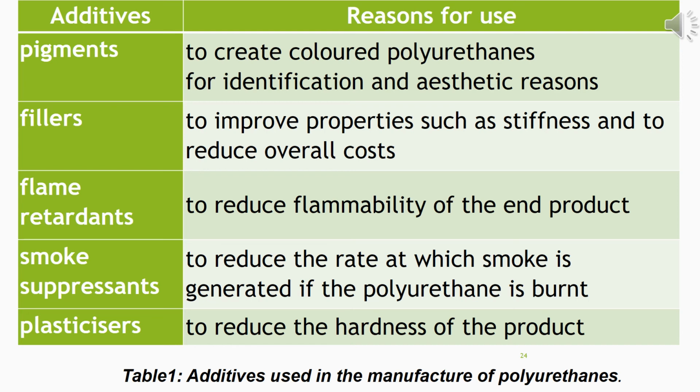Smoke suppressants are used to reduce the rate at which smoke is generated when the polyurethane is burnt. So they will suppress the smoke when polyurethanes are burnt. Plasticizers are added to reduce the hardness of the product.